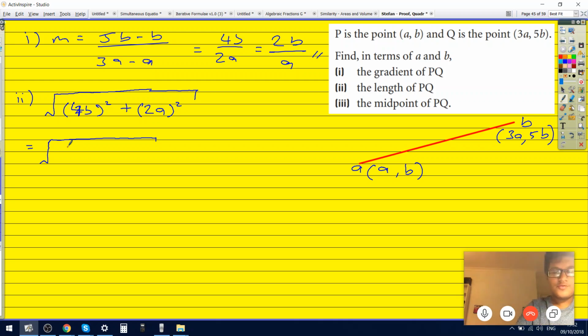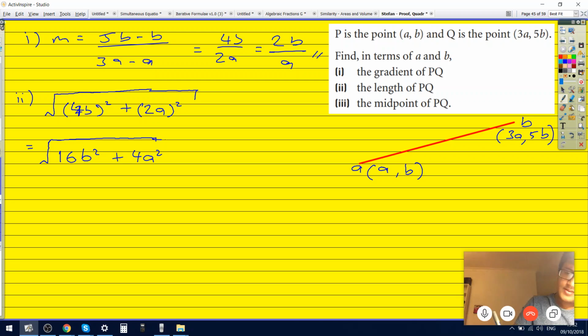The root of like 4b squared. No, I don't think you can square root it. Okay, so would we just leave it as that? Well, what is 4b squared? Oh, right, in the brackets. Okay, so that would be the root of 16b squared plus 4a squared.